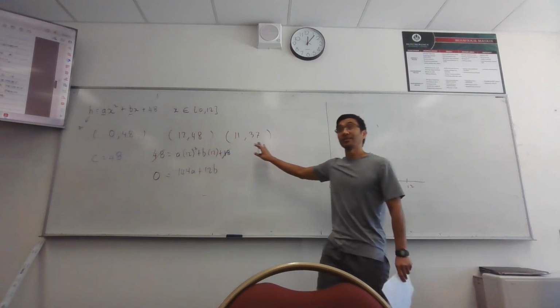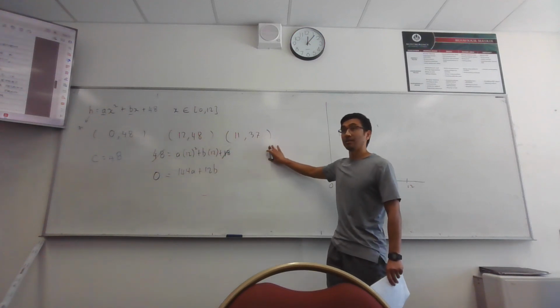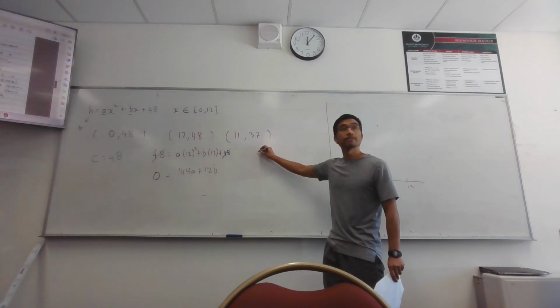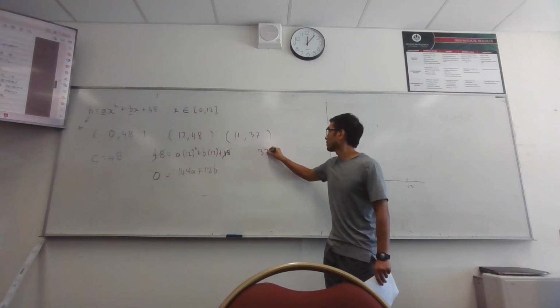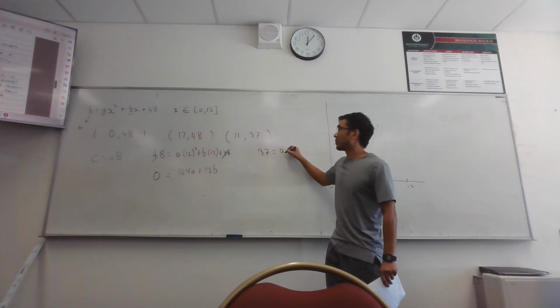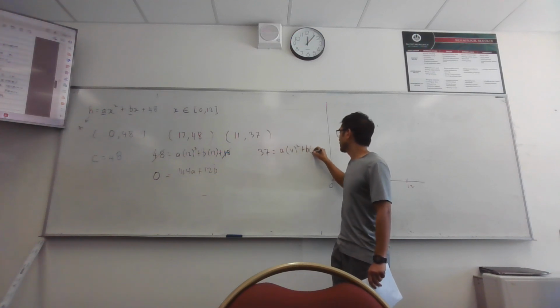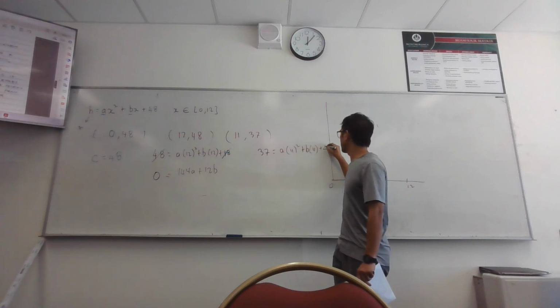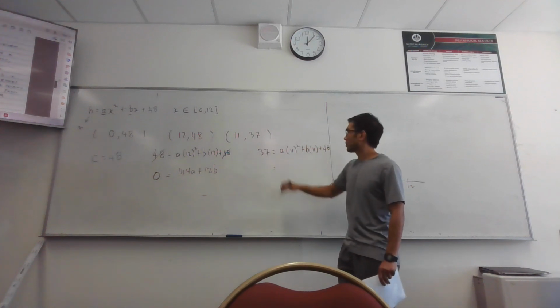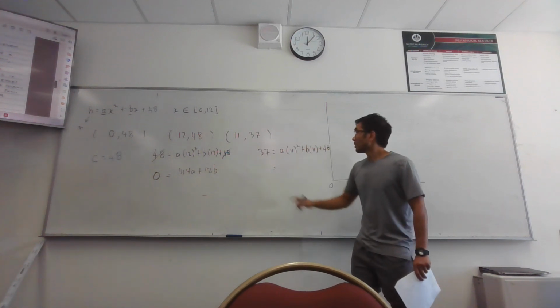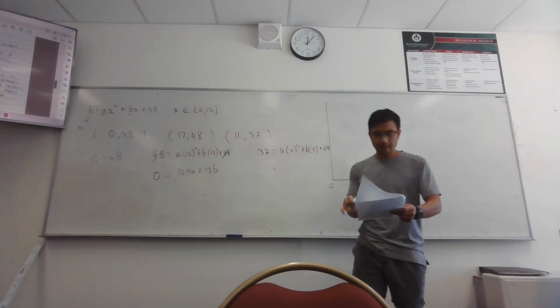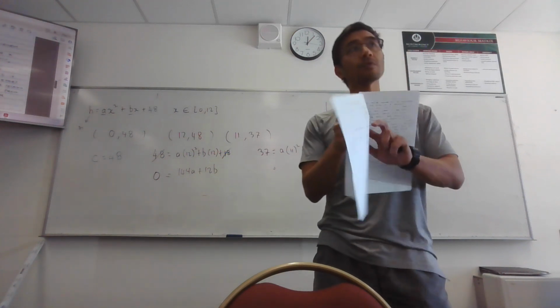Let's do it again for this one here. What do I write first? 37. What are my x's? 37 and 48.